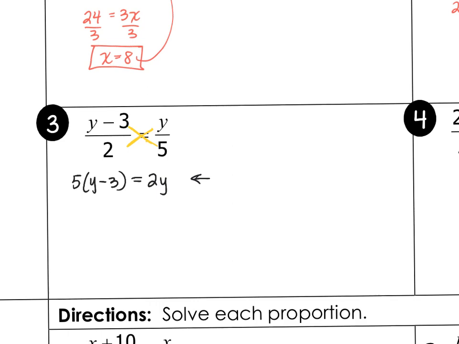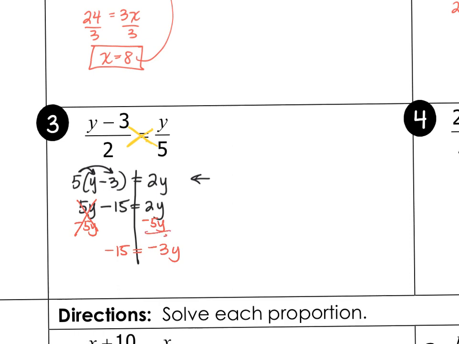So now we notice that we have variables on both sides, but we need to distribute first before we can do anything else. So 5y minus 15 is equal to 2y. I want to zero out one of the variables from one side and rebalance. So let's subtract 5y from both sides. 5y minus 5y is 0, which gives me negative 15 is equal to negative 3y.